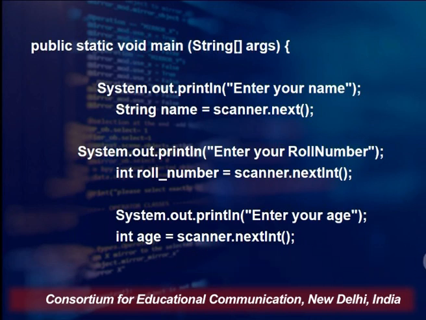Now, please recall that till this time we have used System.out.println in order to print the values, but we have not considered any program in which we are taking the input from the user.